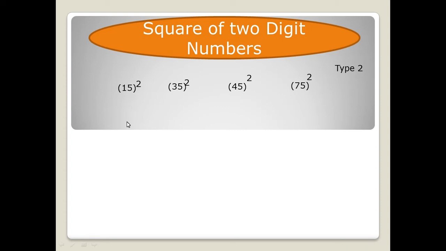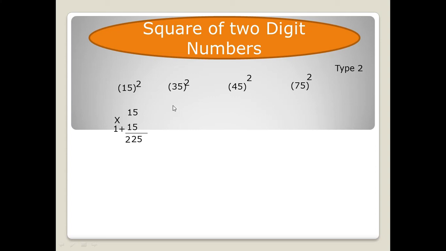In order to take the square of 15, we would multiply 15 by 15, but without going through lengthy calculation, we will just have some simple calculation. 5 multiplied by 5 is 25, and now we will add 1 to the first figure, so it will be 2, and we will multiply 2 with 1, it will be 2, that is 225.